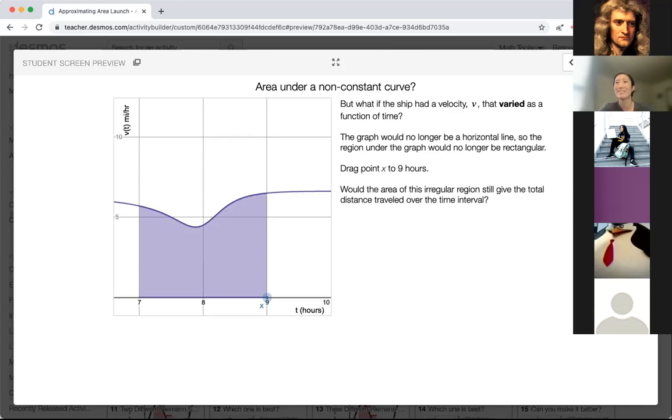Distance is velocity times time. And when we're looking at this purple shape, even though it's not a rectangle anymore, this purple shaded area is in fact the area. It will also give the total distance. Exactly, exactly.